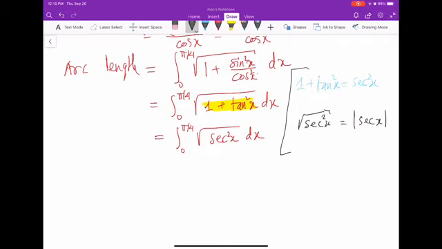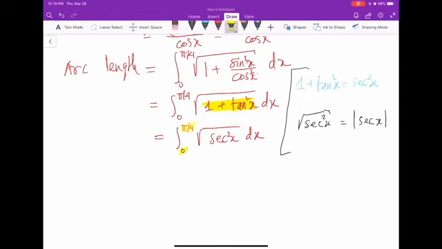But what is the absolute value? The absolute value function is positive when the inside is positive, and negative of that guy if the inside is negative. But we are considering the function on 0 to pi over 4 in here.